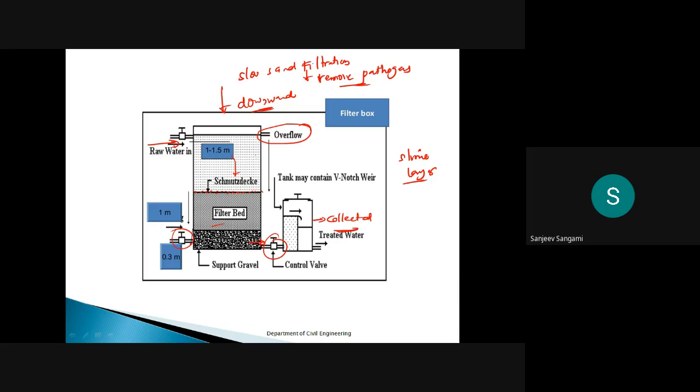So this is completely about the slow sand filtration process, and it is mainly used to remove pathogens. Remember, that is why it is called a biological filtration process.